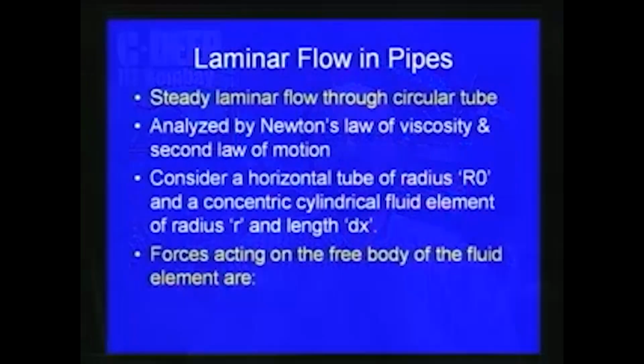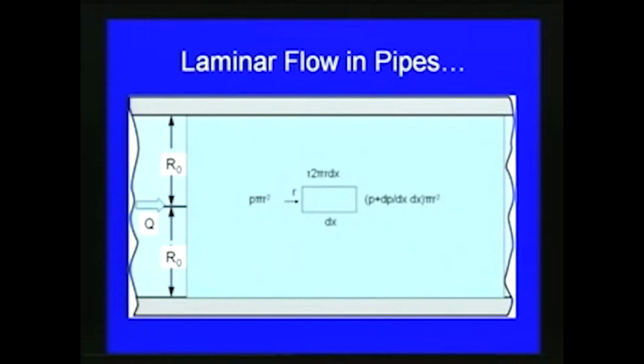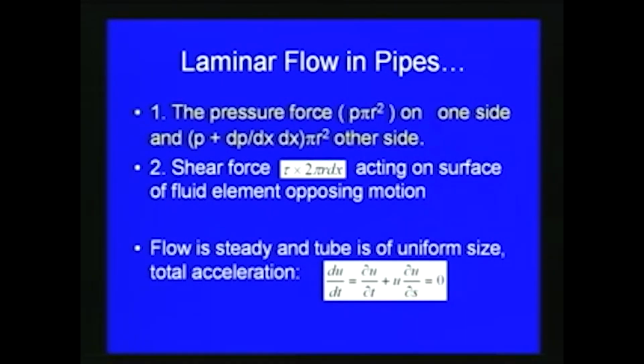Now we are considering steady laminar flow through a circular tube, and we have derived the basic equations for the pipe flow from the fundamental principles, and seen the expressions for the velocity, the maximum velocity, and the discharge.